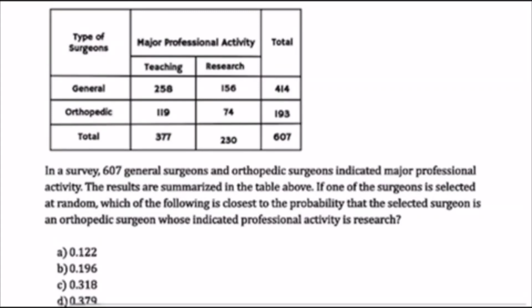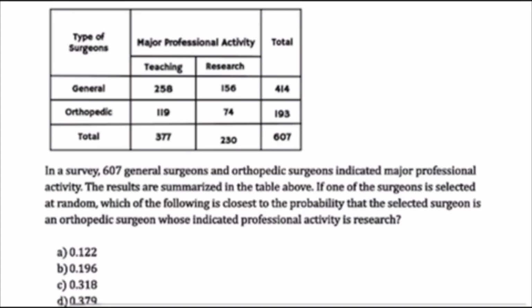In a survey, 607 general surgeons and orthopedic surgeons indicated their major professional activity. The results are summarized in the table above. If one of the surgeons is selected at random, which of the following is closest to the probability that the selected surgeon is an orthopedic surgeon whose indicated professional activity is research? A. 0.122, B. 0.196, C. 0.318, D. 0.379.